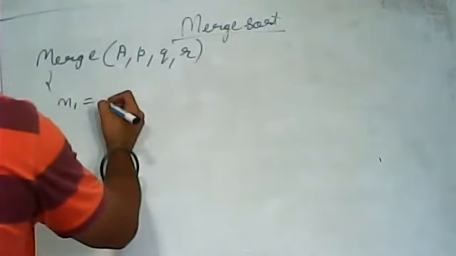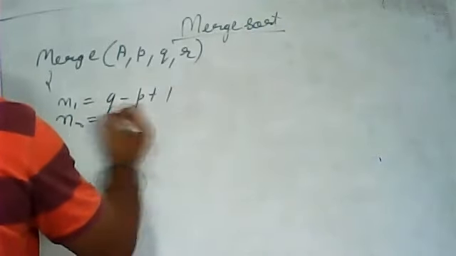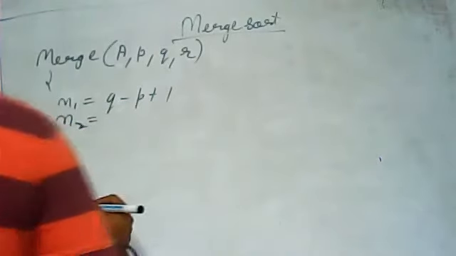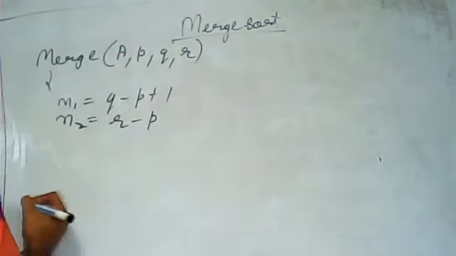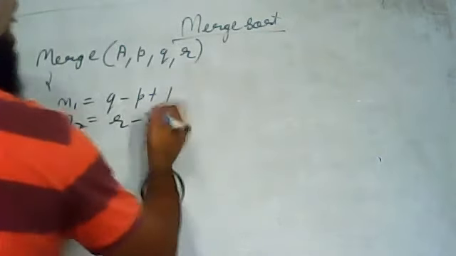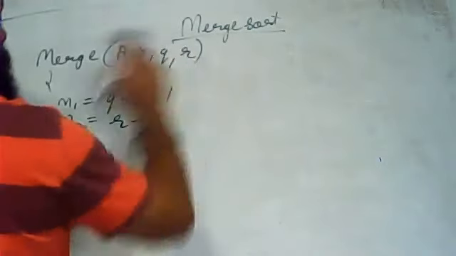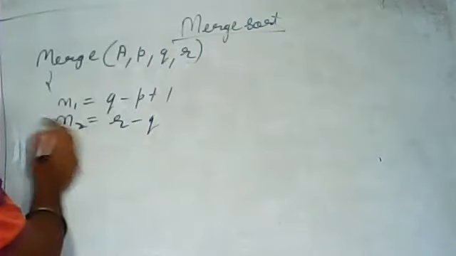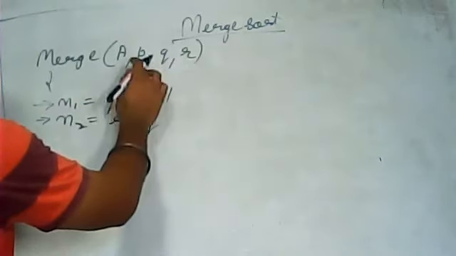Now I will write this. There is this n1, which is calculated using the midpoint, and there is n2. What are these? We'll discuss it with an example. So this is q minus p plus 1, and r minus q. This is the starting point, this is the middle point, and this one is the ending point. So ending point minus middle point gives one length, and from the starting point to the middle gives the other length.